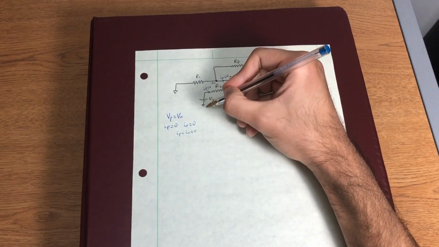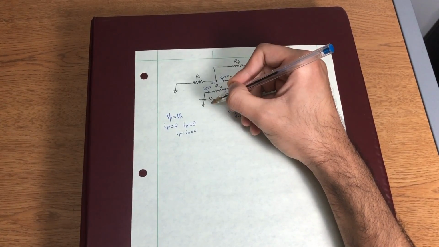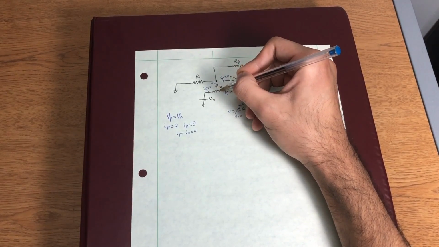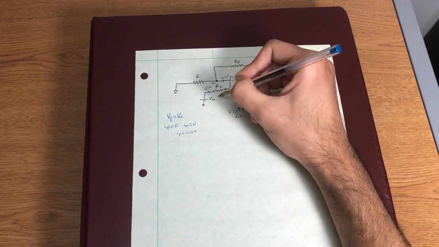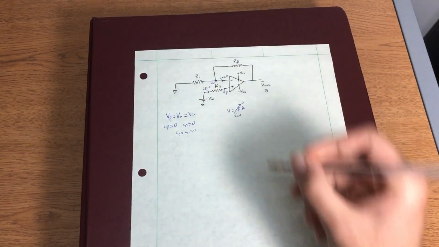The reason being, we start at ground and we gain our input voltage Vin, and we don't lose any voltage across this resistor, and all that's going into our input terminal is Vin. So Vp is equal to Vn is equal to Vin.